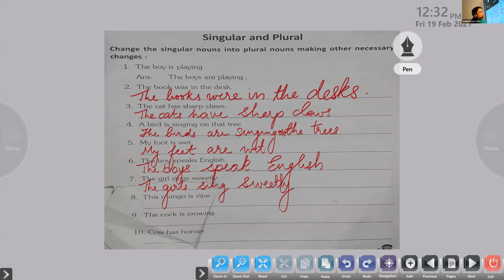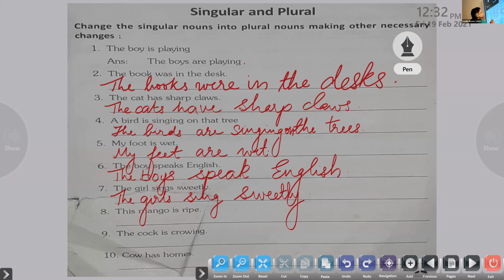Instead of this mango, please write there, the mangoes are ripe. Okay. The cock is crowing. So please write there, the cocks are crowing.